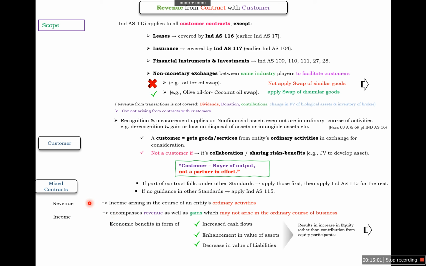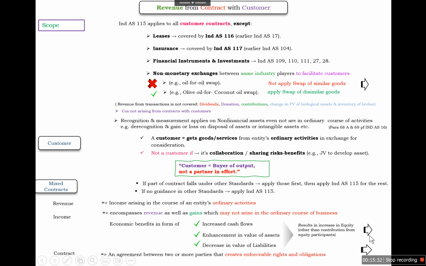So let's take one example for the differentiation of revenue and income. And before we go, let's revise it again. Revenue is the income that arose in the ordinary course of business, but income includes revenue and the other activities, because of which cash flow has increased, or the value of assets has increased, or there is a decrease in liability, other than contributions from equity partners.